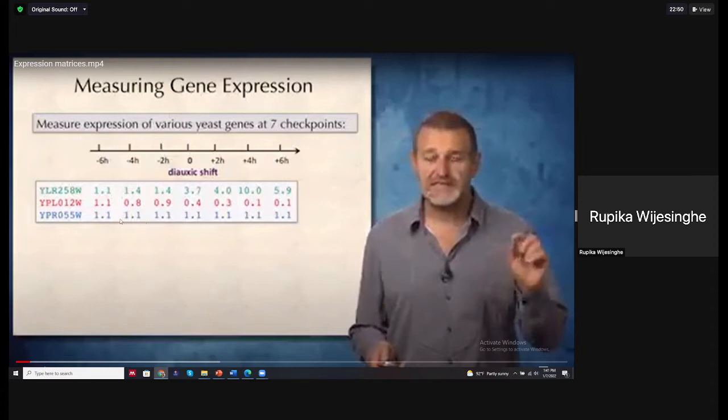What can you say about the expression levels of these genes, the mRNA production, or the behavior of these three genes during aerobic and anaerobic environments?